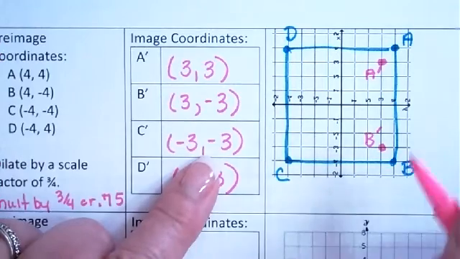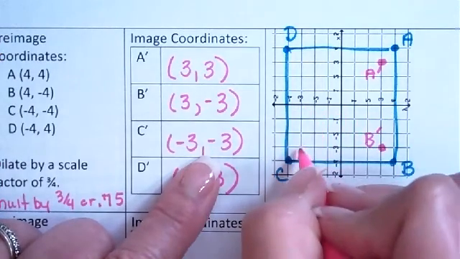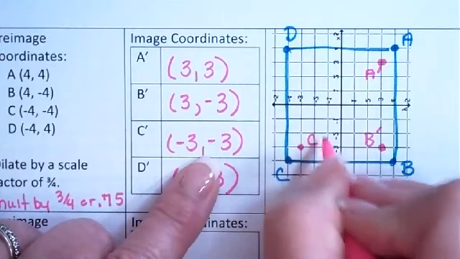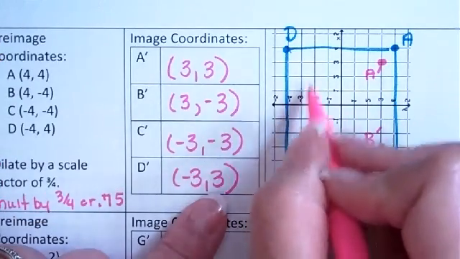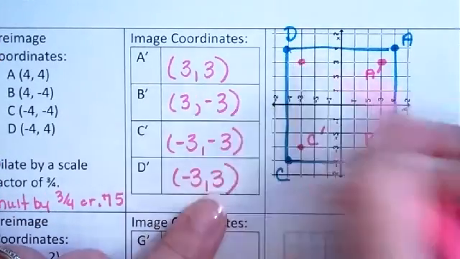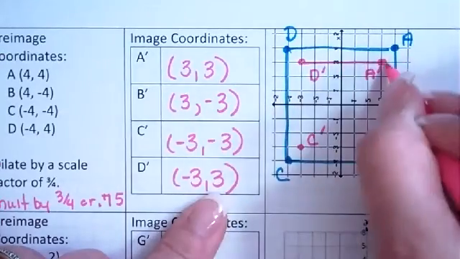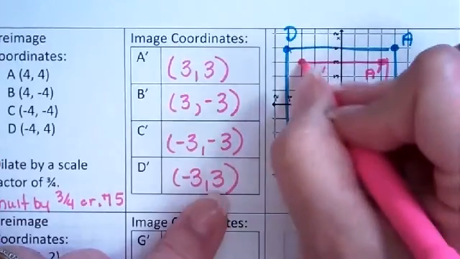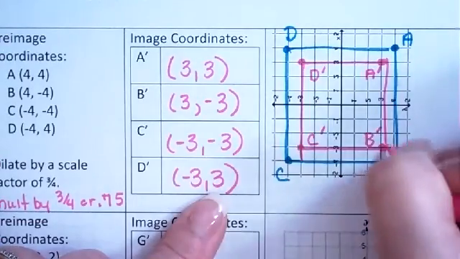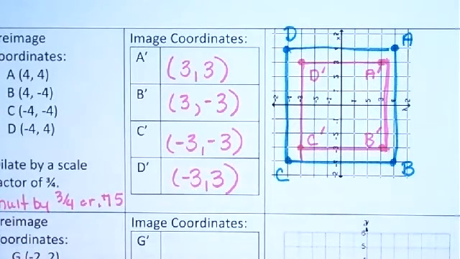C prime is at -3, -3, so that's to the left 3 and down 3. And D prime is -3, 3. And that's D prime. And there we go. And I do see that I did shrink it down.